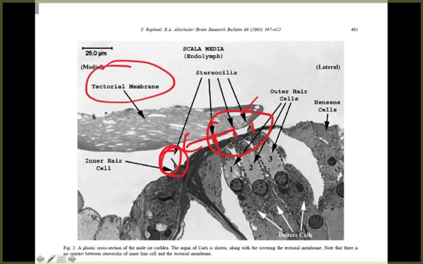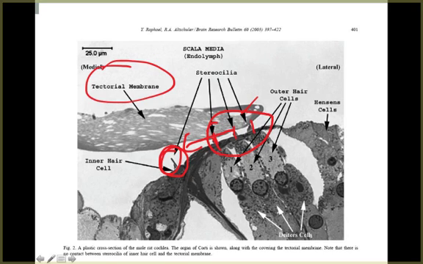When we talk about the disorders of the ear, I'll show you some images where, after acoustic trauma or noise-induced hearing loss, the stereocilia of the outer hair cells are missing or distorted, while the inner hair cells are only destroyed if the noise exposure was prolonged.